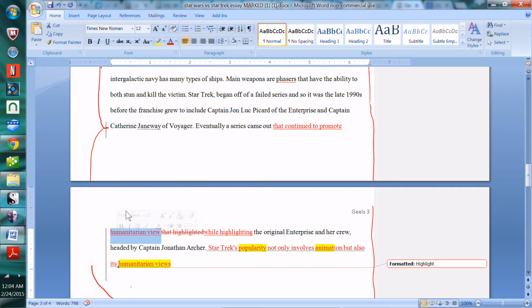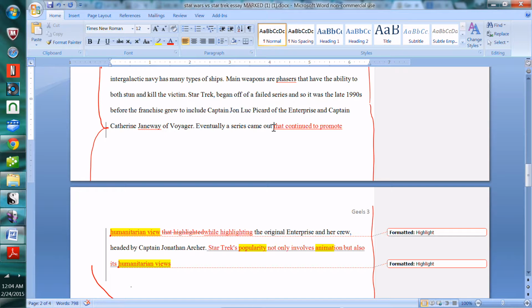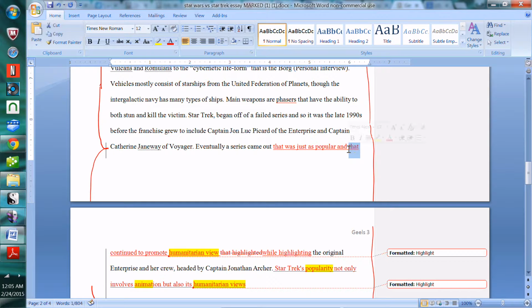And when you write it, highlight the words you're considering your transitions for me. And if it was more popular, you could say eventually a series came out that was more popular that continued to promote humanitarian views, which I'm assuming it was because it continued. Eventually a series came out that, how about that, came out that was just as popular and continued to promote humanitarian views.